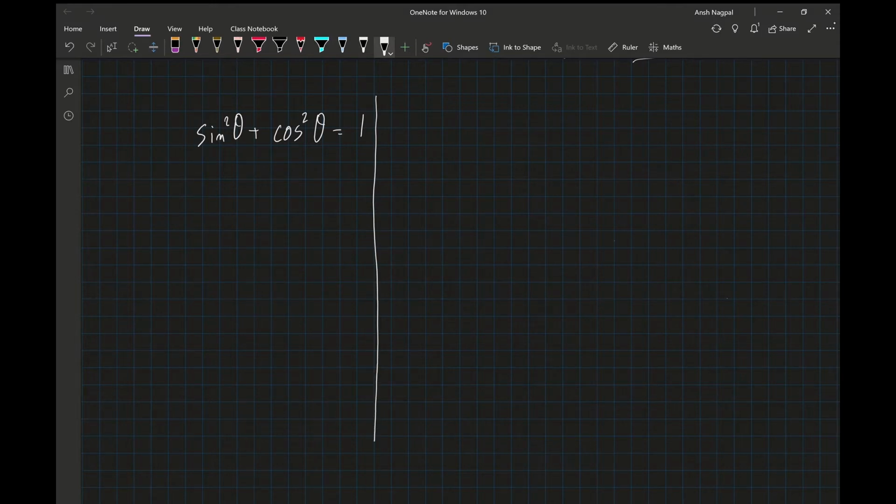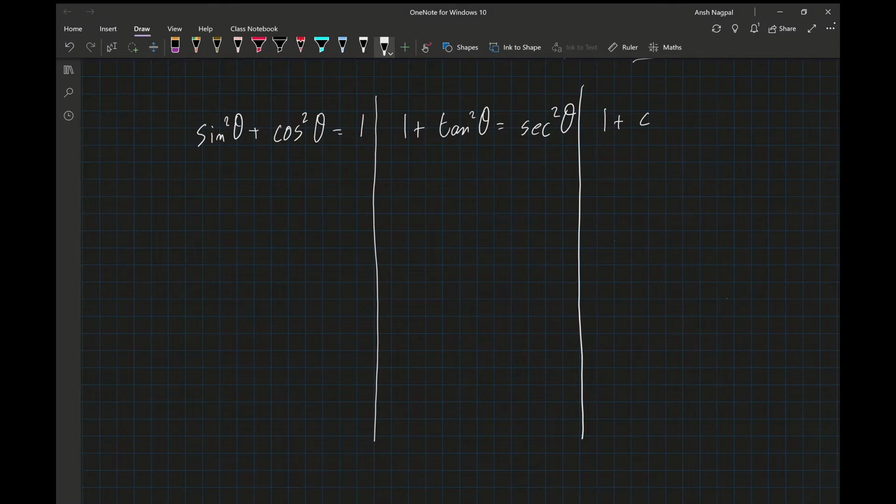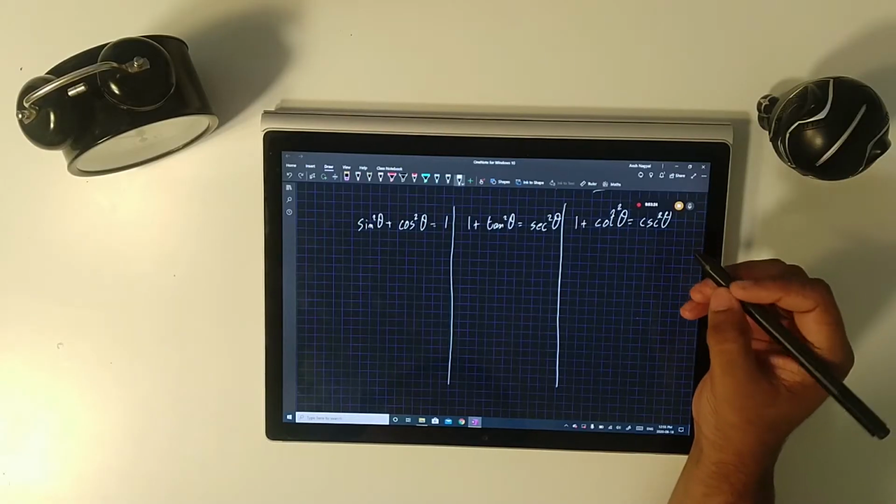The second one is 1 plus tangent square theta equals secant square theta. And the third one is 1 plus cot square theta equals cosecant square theta. Alright, so these are the basic identities we are going to be taking a look at.